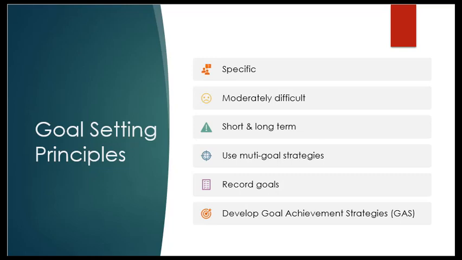And lastly, we need to develop goal achievement strategies. These are sub-goals, known as process goals, that help us achieve the outcomes that we desire. These are a few of the principles that we'll keep in mind as we learn more about goal setting.